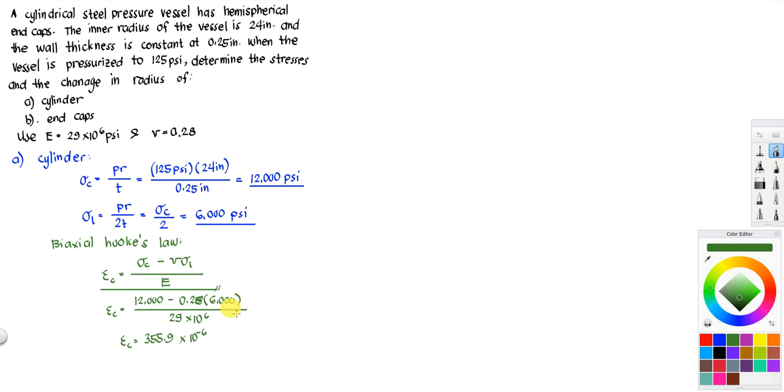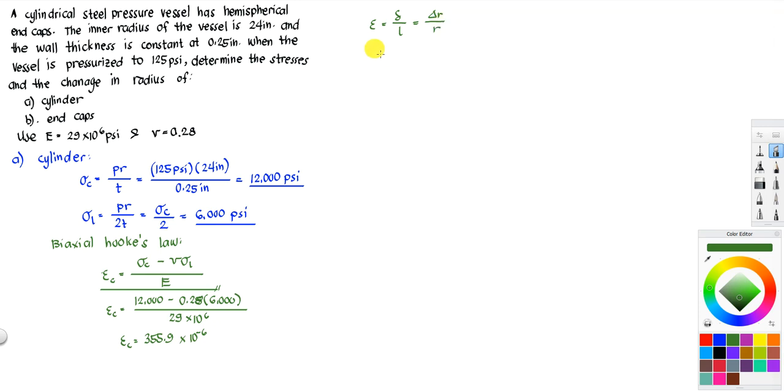Next, to solve for the strain, actually the strain would become equal to the deformation over L, if you still remember. But since we are speaking of the radius, this would become the change in radius over the original radius.